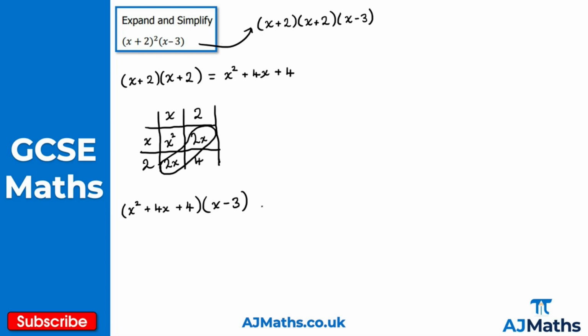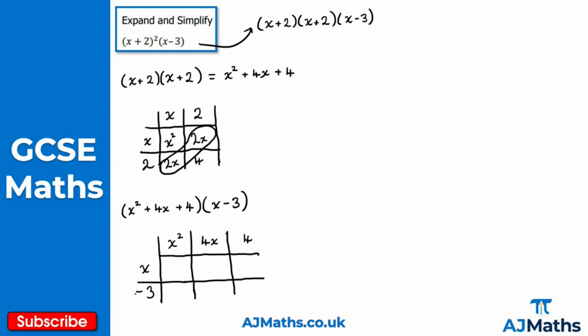I've got enough room to do it underneath. I've got x squared, 4x, and 4 along the top. And down the side, we've got x and minus 3. So again, just set up the grid here.